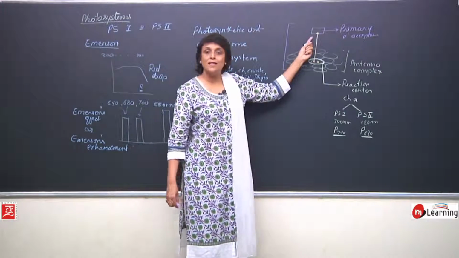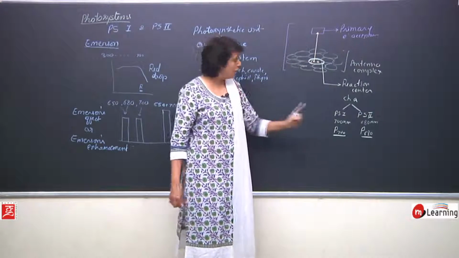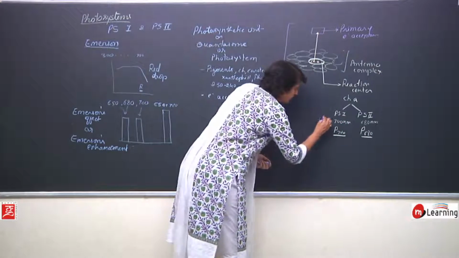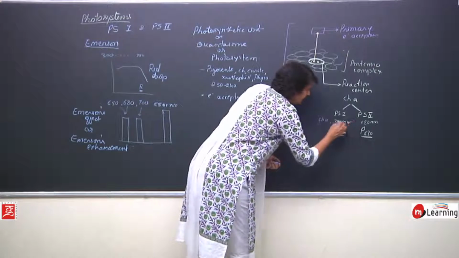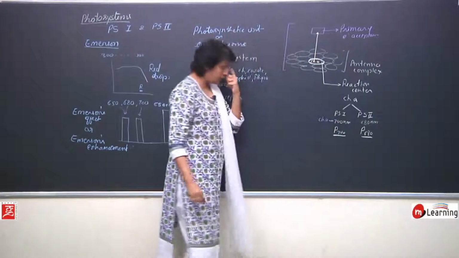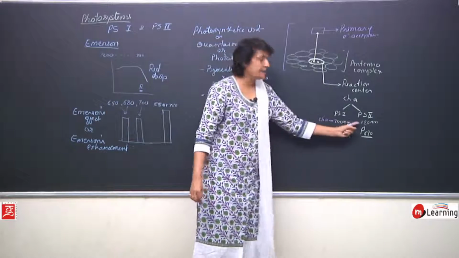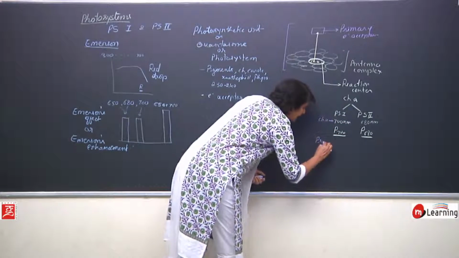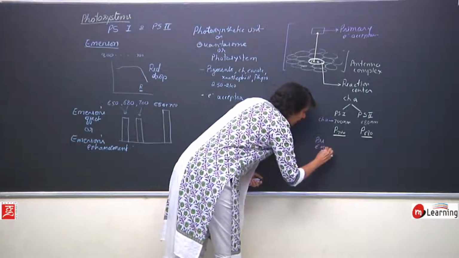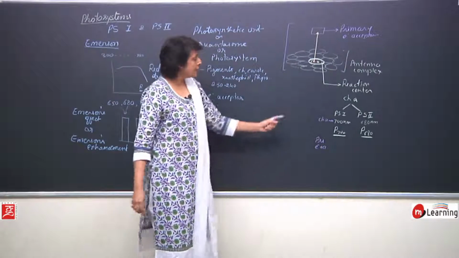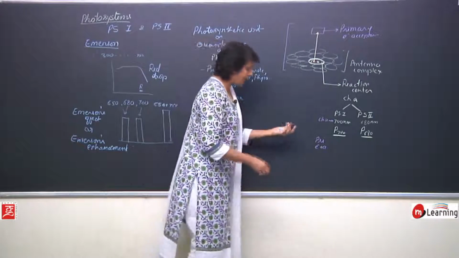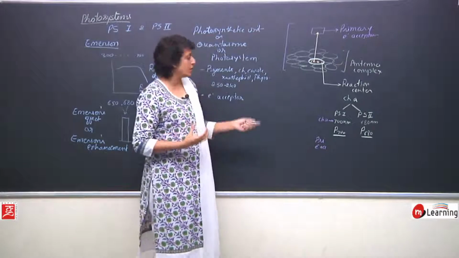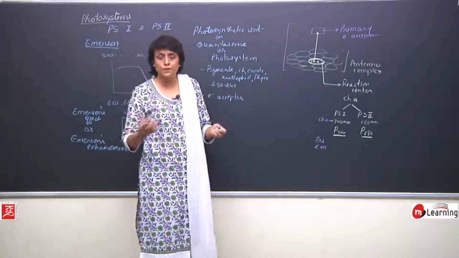Now, these primary electron acceptors are different for PS1 and PS2. So, this is the chlorophyll A, which absorbs 700 nanometers in PS1 and 680 nanometers in PS2, and the primary electron acceptor. In case of PS1, there are two schools of thought, rather we can say there are two groups of scientists.